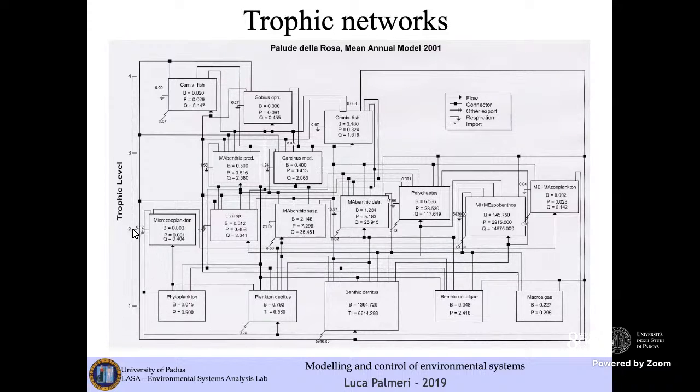If we go to a higher trophic level, we find microzooplankton, Lysa spinatus, which is a fish, macrobenthic suspended feeders. These are all animals, crustaceans, that pertain to the second and the third trophic level.